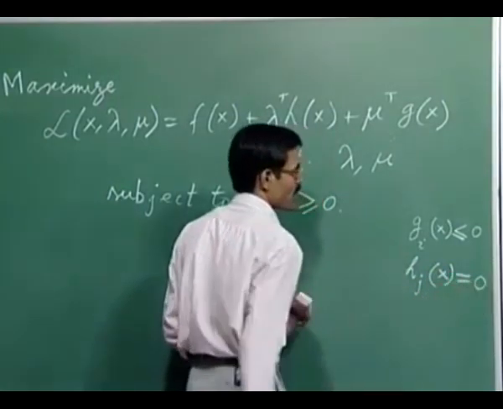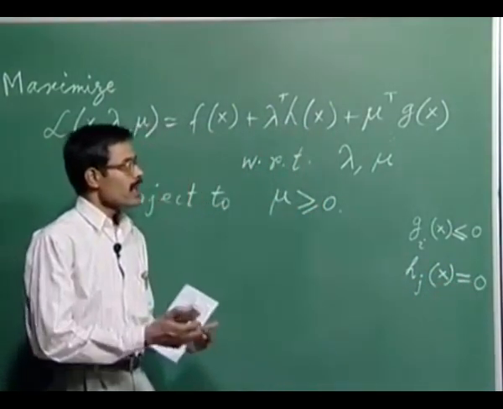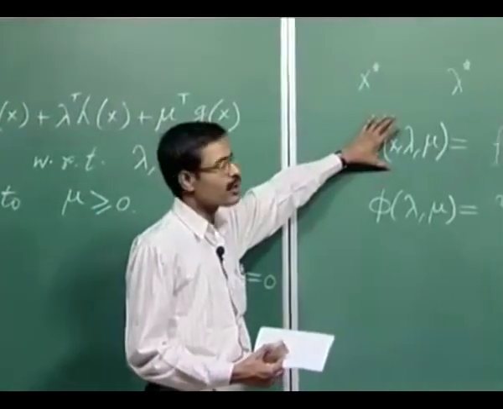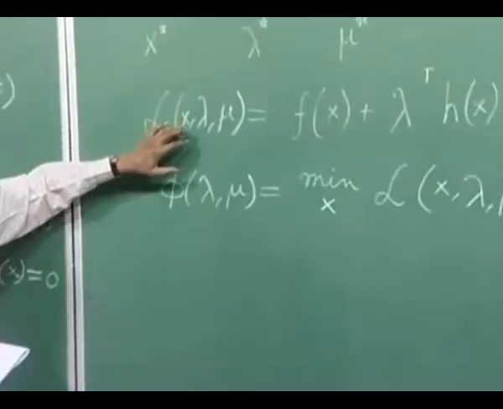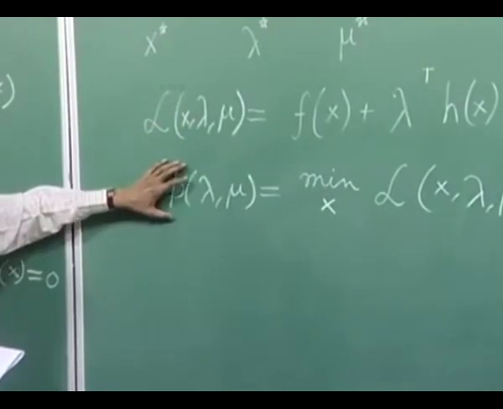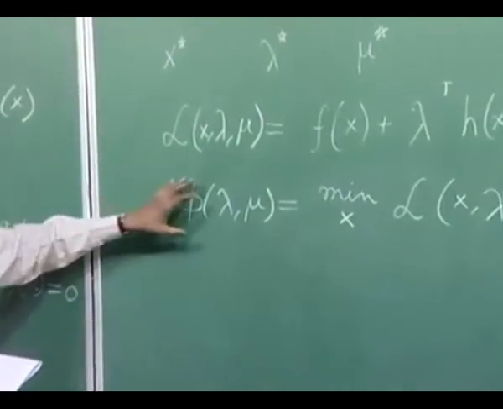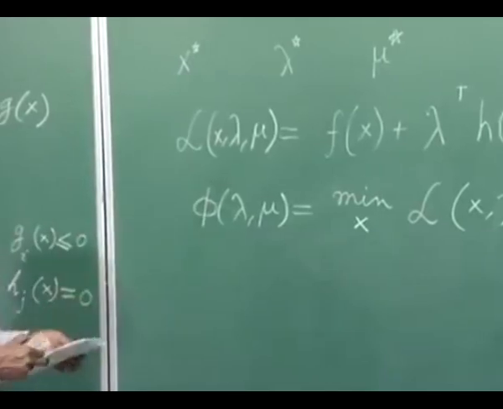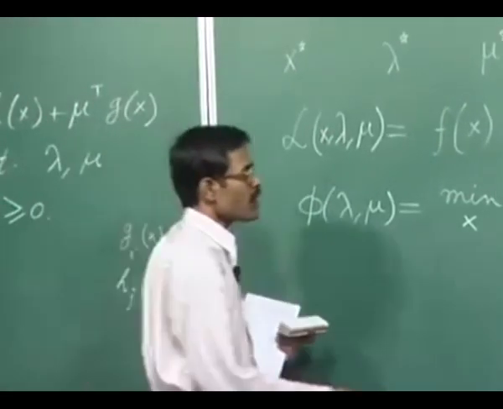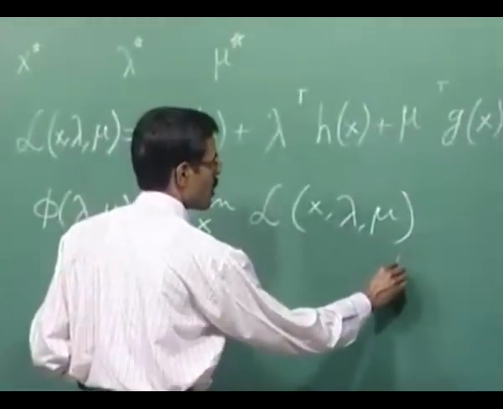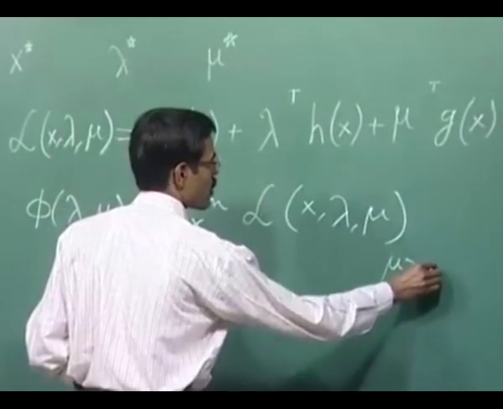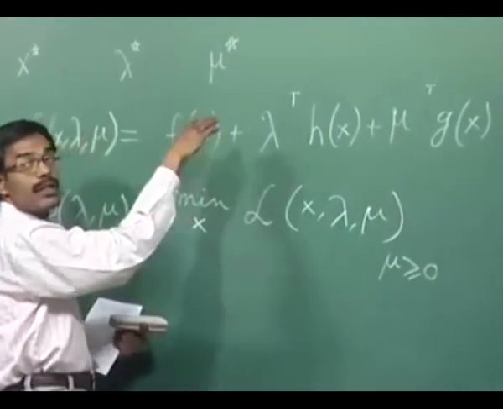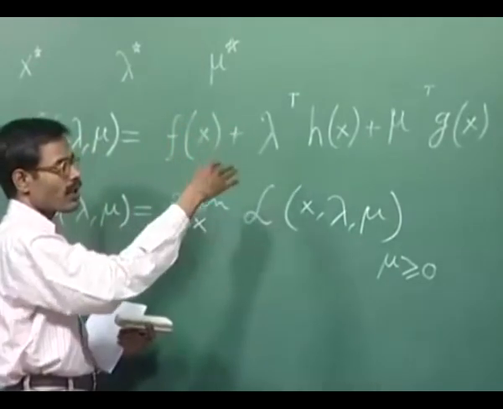Now note something interesting. Here, based on the Lagrangian, when we wanted to minimize this with respect to x, we got this function, which we called the dual function, and at the same time we found this, because one of the minimum conditions is this, and of course the Lagrangian derivative should be 0, that condition we got.